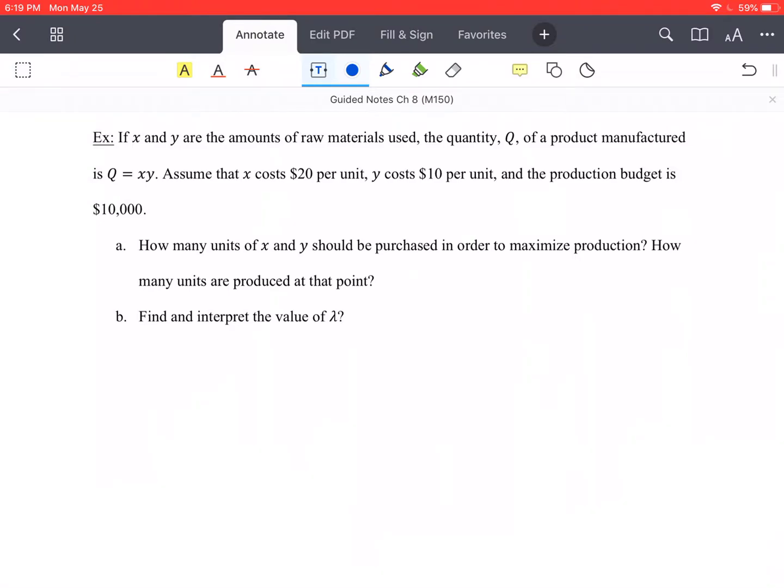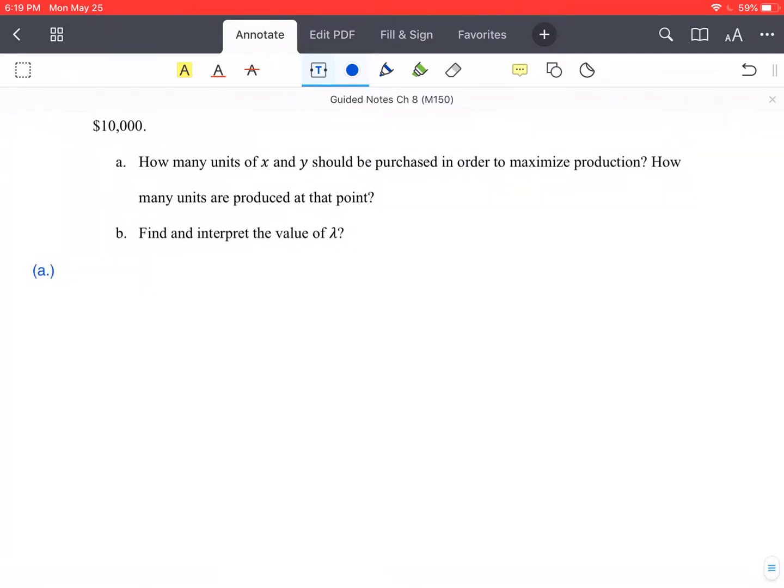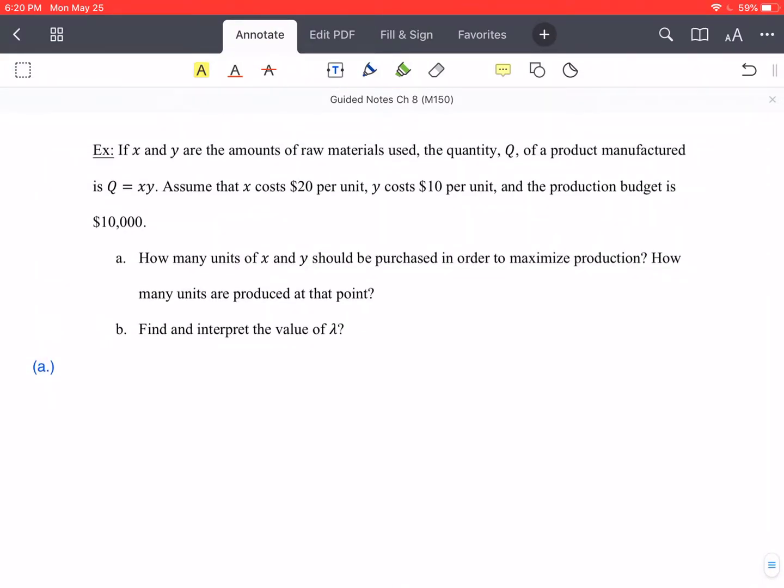Okay, so we are at part A. So first up, we need to get the partial derivatives to be able to set up our system of equations here. So we have fx equals lambda gx and fy equals lambda gy.